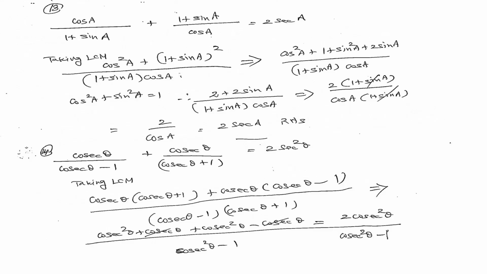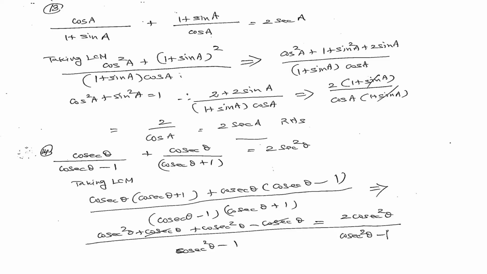Then in the next slide, cos A by 1 plus sin A plus 1 plus sin A by cos A must be proved as 2 sec A. Taking LCM, cos squared A plus 1 plus sin A whole squared by 1 plus sin A multiplied by cos A extended to cos squared A plus 1 plus sin squared A plus 2 sin A by 1 plus sin A multiplied by cos A. Cos squared A plus sin squared A is equal to 1.